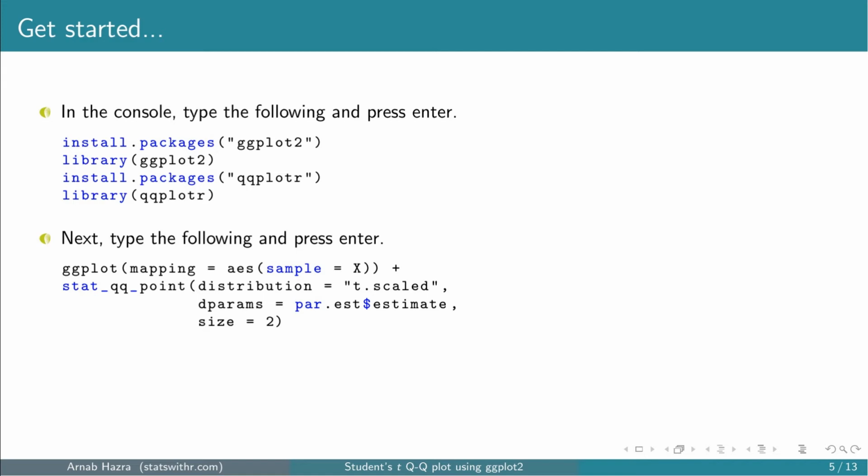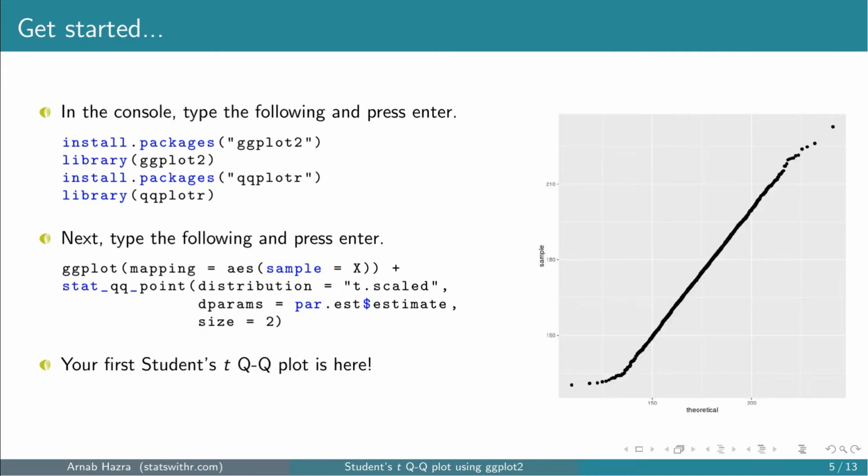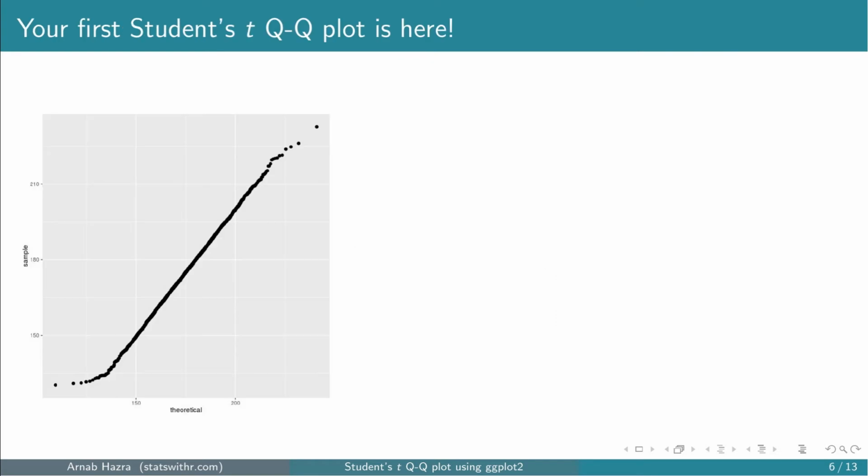The default size in the function stat_qq_point is 1.5, so if you are happy with that, you don't need to mention the argument size. Now press enter. Okay, you get your first student's qqplot using ggplot2.